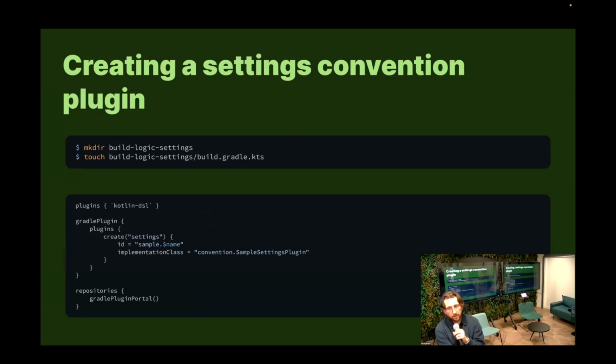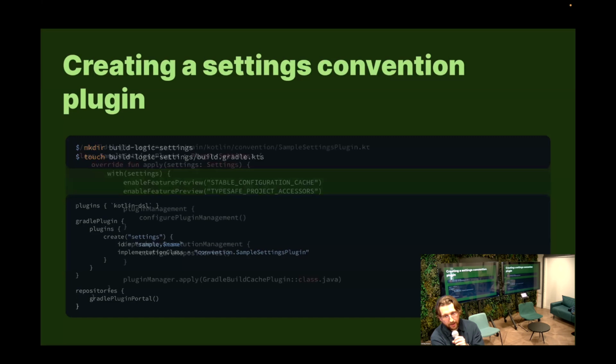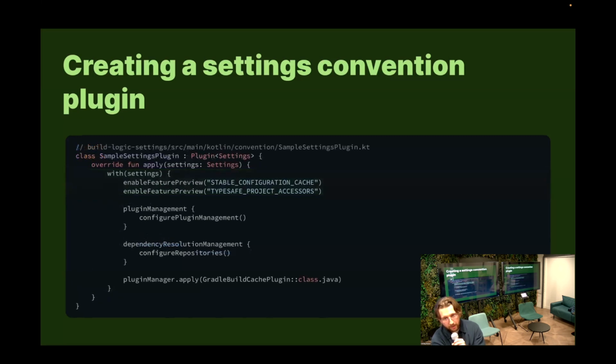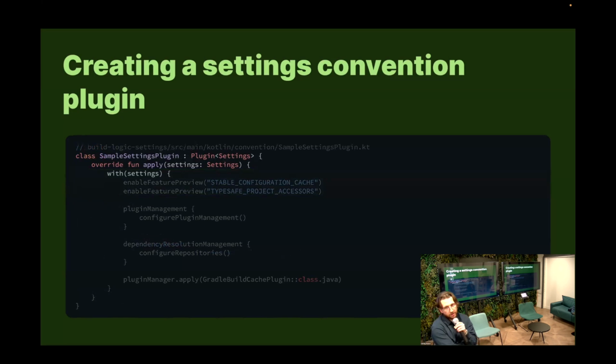So usually you create a special custom settings project where you create your own settings convention plugin, not to overload the class path there. It's the same way as we did for the other ones, and the same way to create the plugin. The only difference is instead of the plugin being type project, the plugin is of type settings.